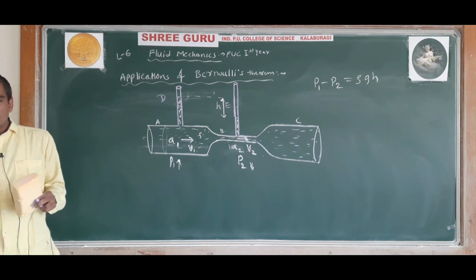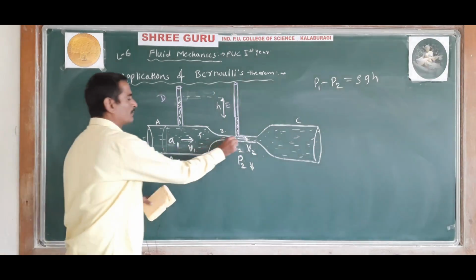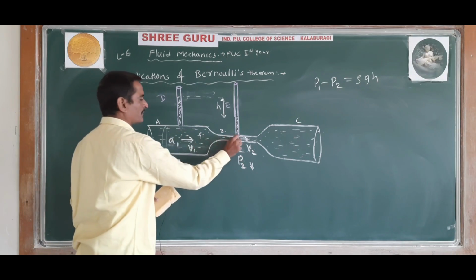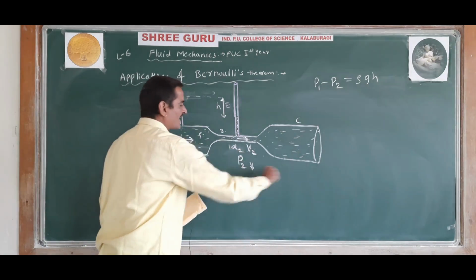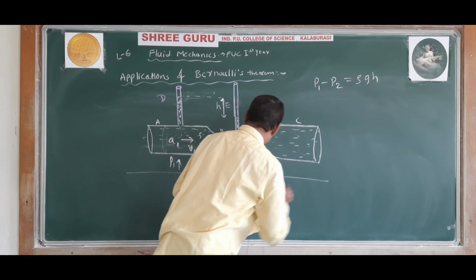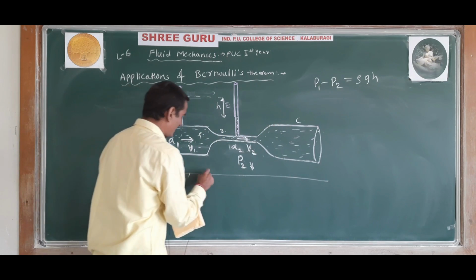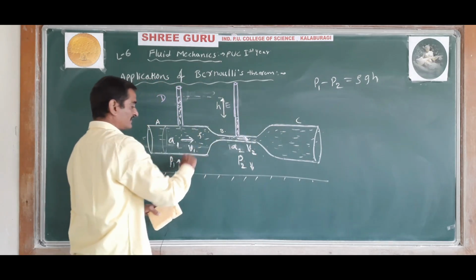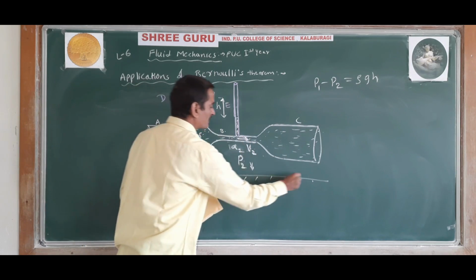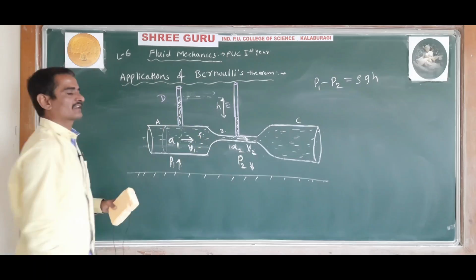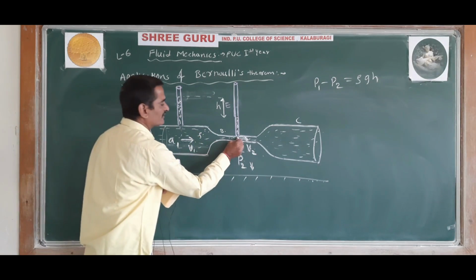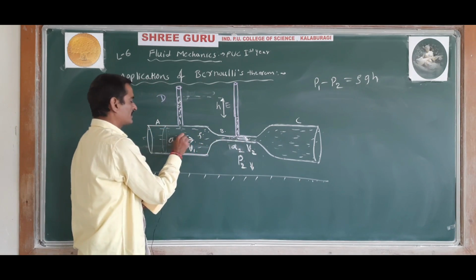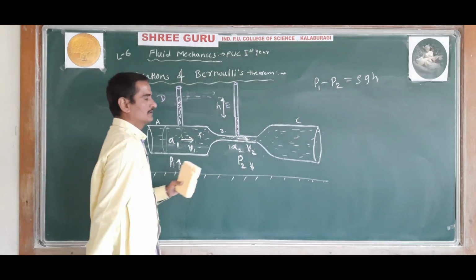Both points are at the same height from the ground level. This h is different; the height from the ground or reference level is the same, that is point B and point A are at the same height.